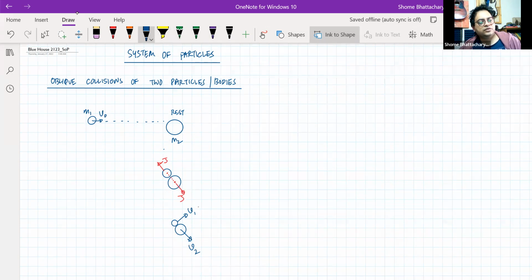So they will set off in different directions. Hence, it is an oblique collision.